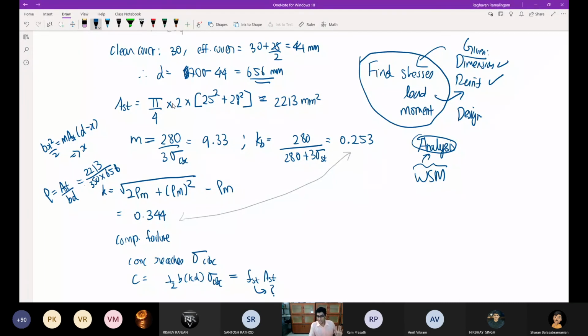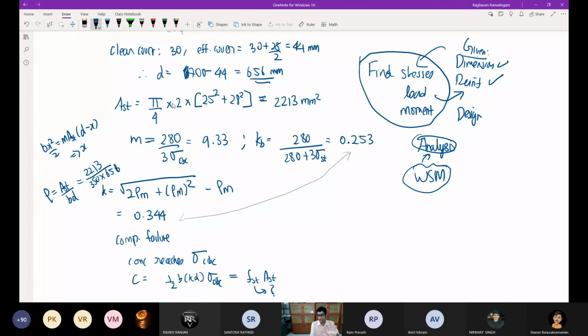But the reason why WSM is still covered is that in the GATE exam WSM is still there, at least for beams. So for that purpose, at least you should know the concept behind the WSM, all this modular ratio, balanced neutral axis, transformed section, all these things you need to know.